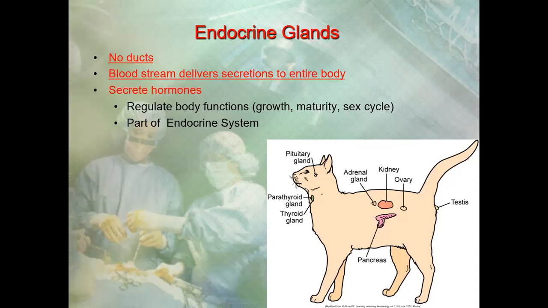Hermaphroditic cat. These are the primary glands, and the big thing about endocrine is they deposit their hormones directly into the blood. Do dogs and cats have pineal glands? They do, except that the pineal gland, as they mature, fades away. So the pineal gland is really only seen in young, immature animals.